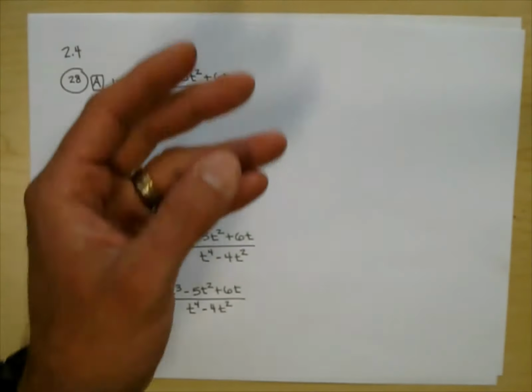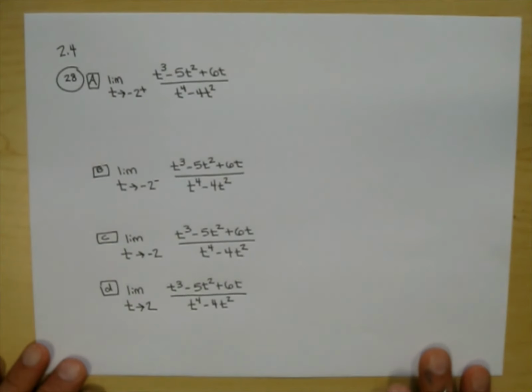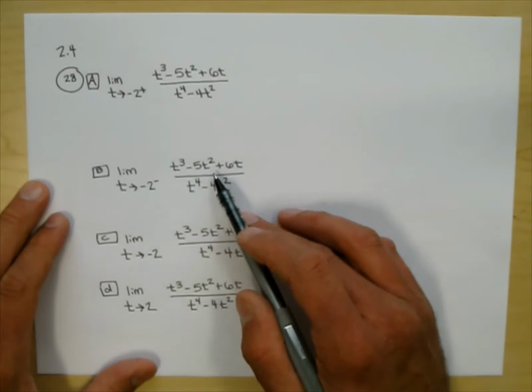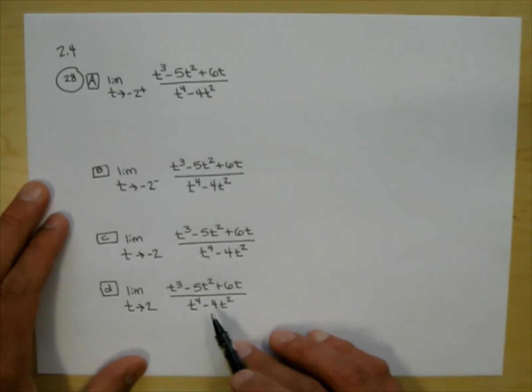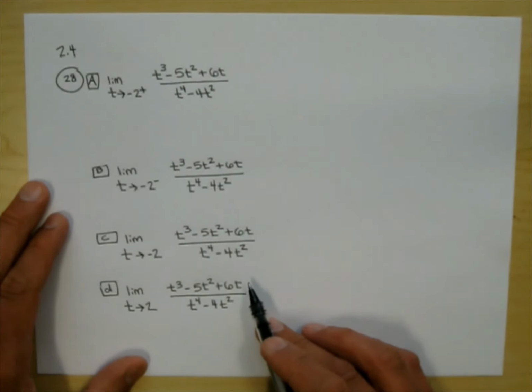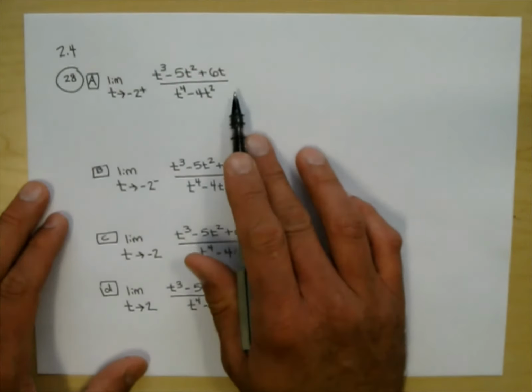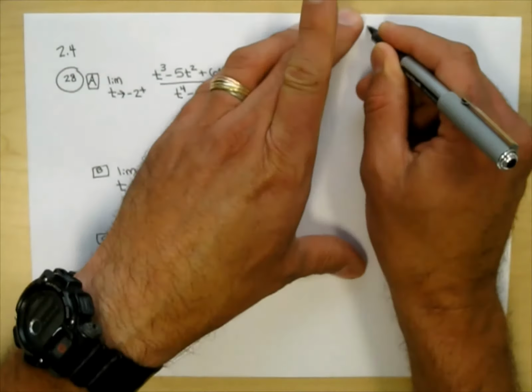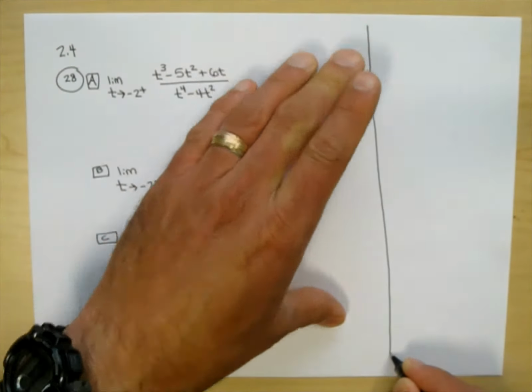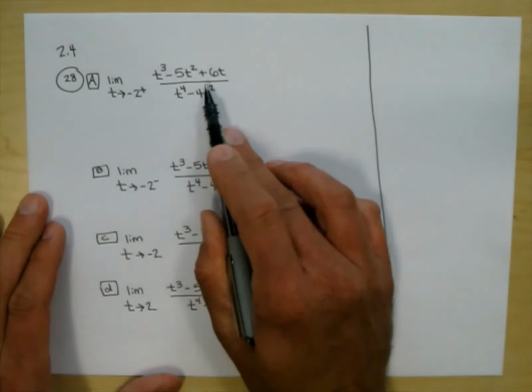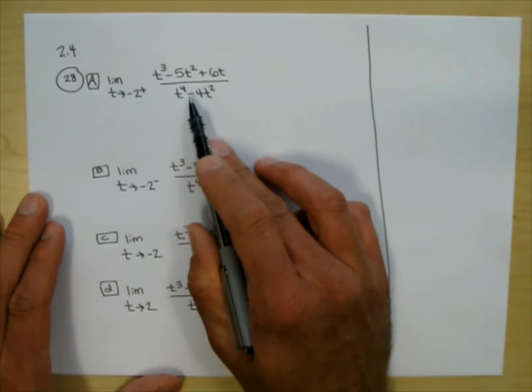So go ahead and evaluate these 4 problems by pausing the video. Okay, so it looks like I'm taking the limit of this function. It's the same function. My guess is, and I'm going to go over here and do this to the right hand side, is that I'm going to see if any canceling happens.